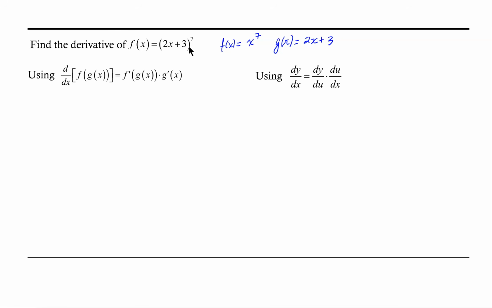So in doing that, we can compose these functions to make sure we are interpreting correctly. So f of g of x, if I replace every instance of x within the f function with the g function, do I get what I started with?